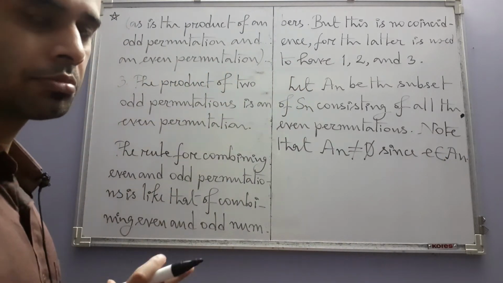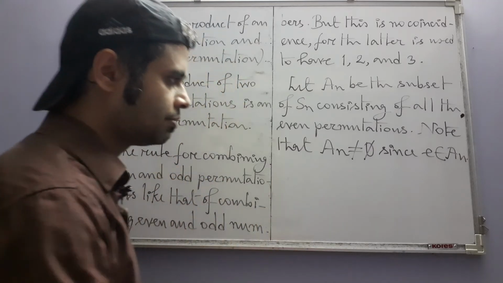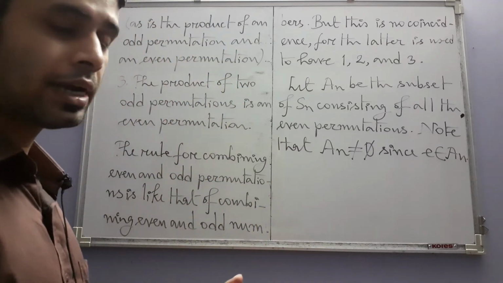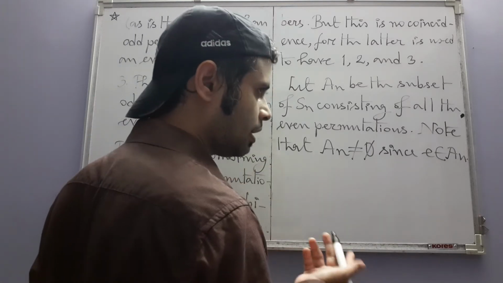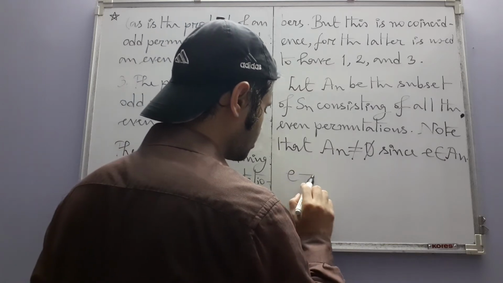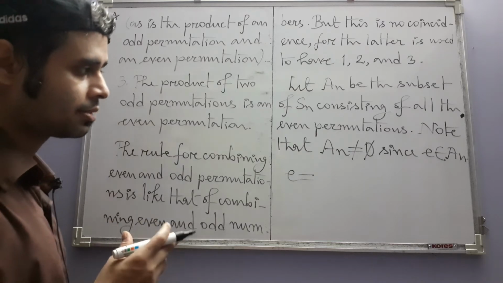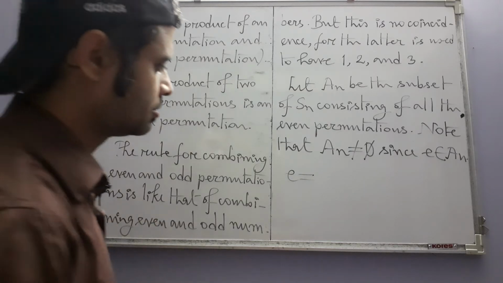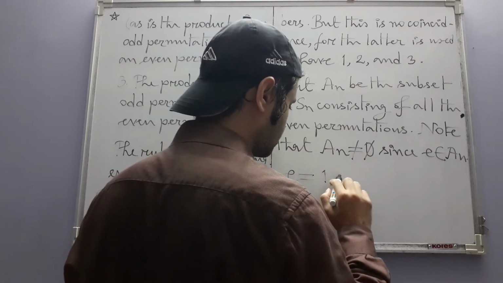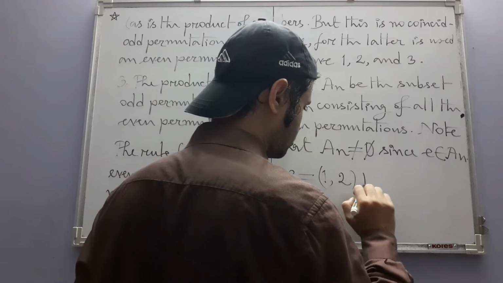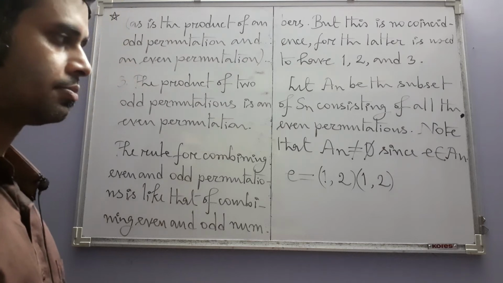Let's just see for a moment why, how exactly. According to our definition of An, is E an even permutation? All we need to show is that E can be expressed as a product of an even number of transpositions, which of course is the case, because you can, for example, write E like this.